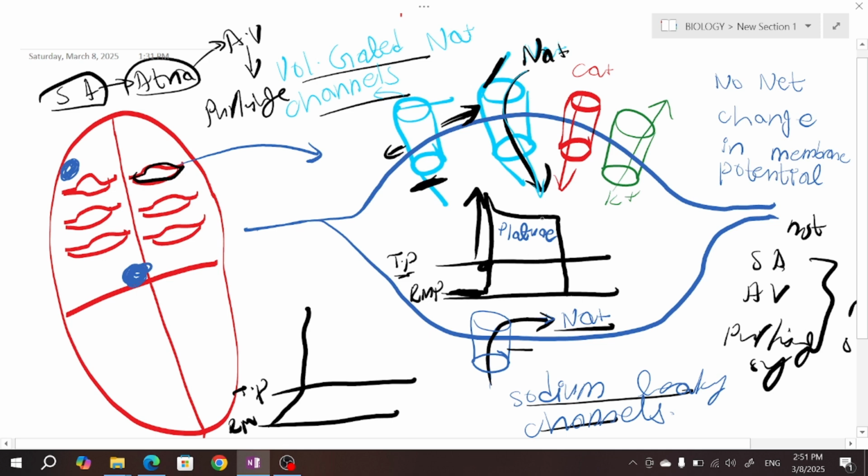depolarization. Now, as soon as the depolarization is achieved, these voltage gated sodium channels close, okay, and then there is an influx of calcium and efflux of potassium starts. So one positive ion is coming inside of the cell and one positive ion is going outside of the cell.